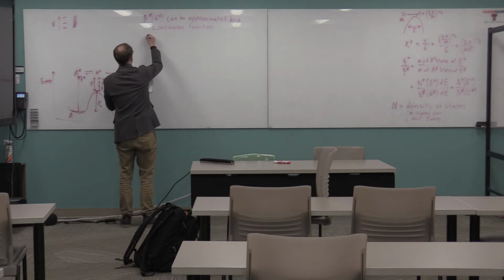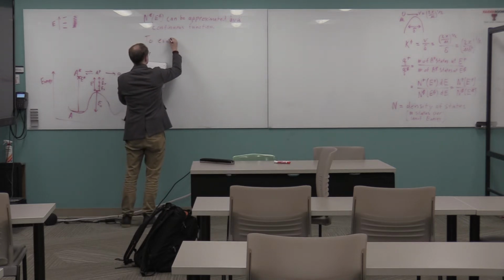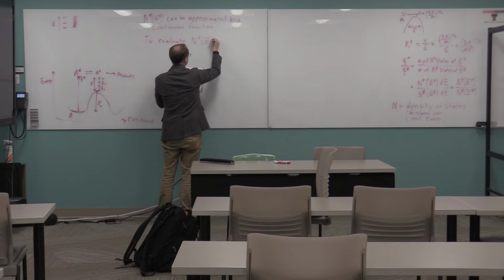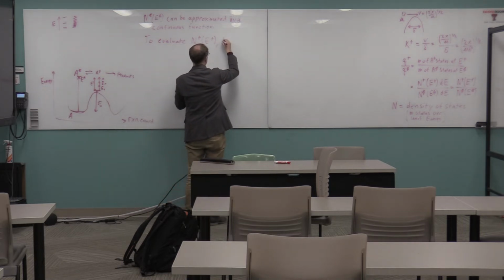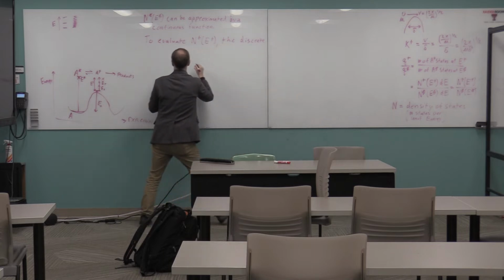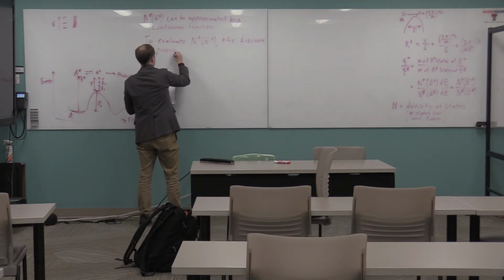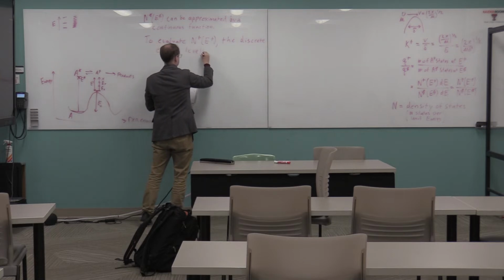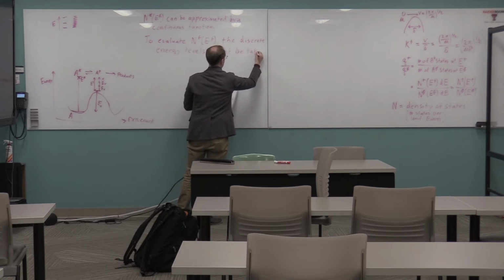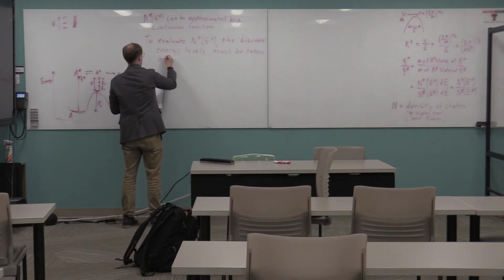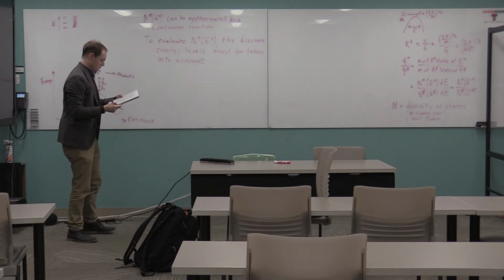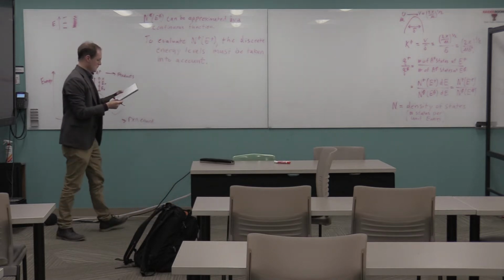And so to evaluate n plus, the density of activated complex states, you have to take into account the discrete energy levels. Okay. So how do we do that?